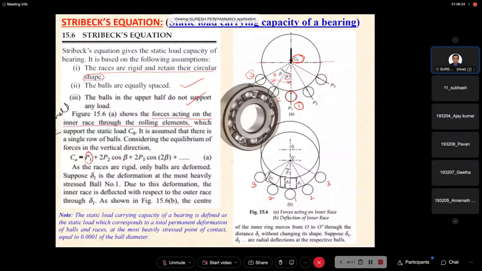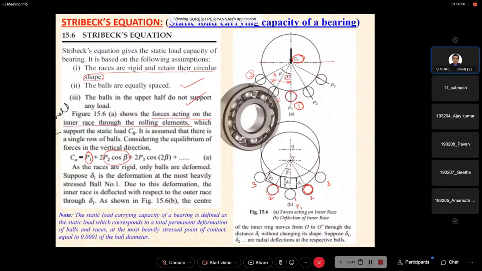Now C naught is equal to P1 plus, what is the load acting here? This is 2P2 into cos beta, right? This ball is subjected to load P2 into cos beta only, but there are 2 balls, hence we multiply 2 into P2 into cos beta.